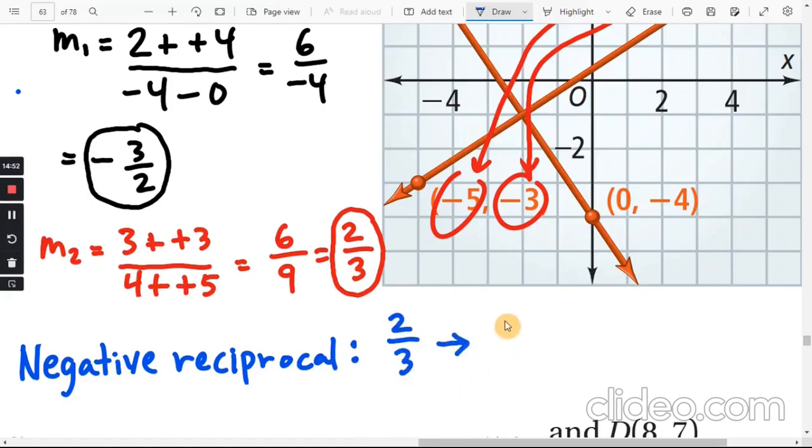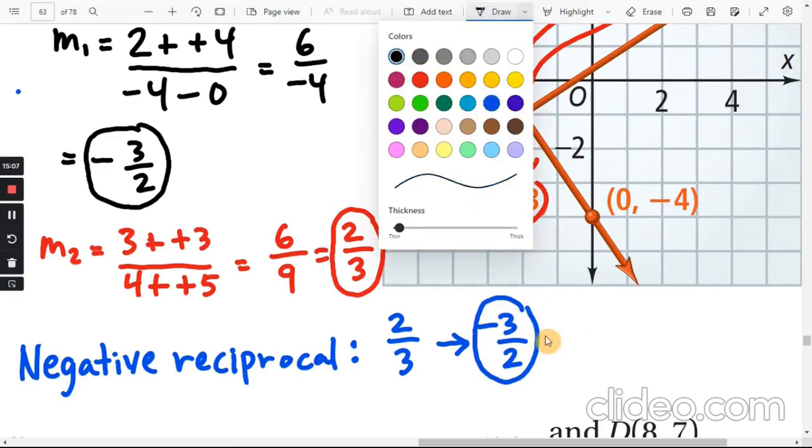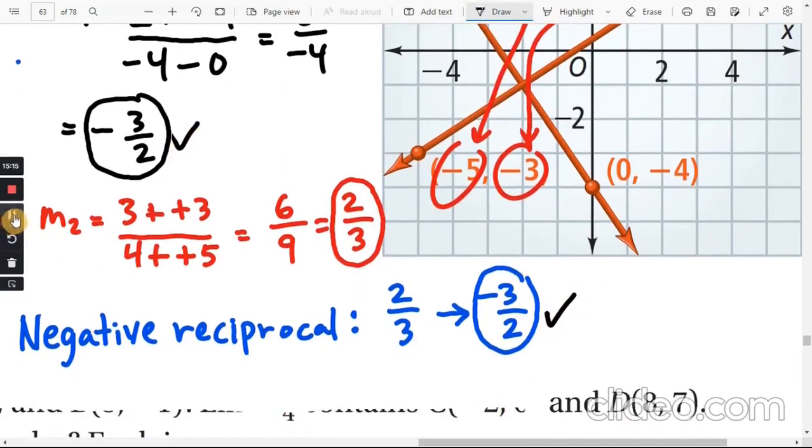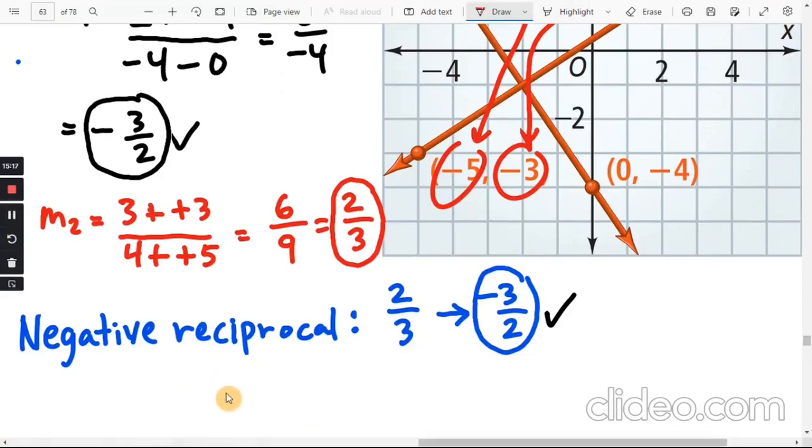Flip it, 2/3 becomes 3/2. And then change the plus minus sign. This is positive, so the new one's going to be negative. Okay, does that one match the other slope? Yes. -3/2 and -3/2 match. So the answer is yes. They are perpendicular.